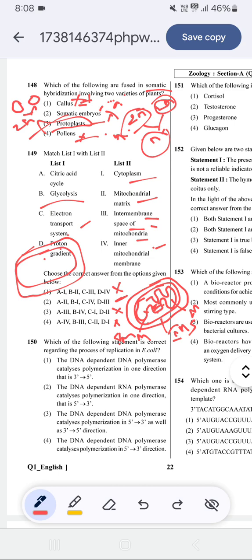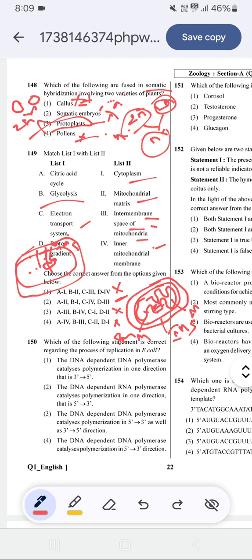Outer membrane, inner membrane. On this inner membrane, there will be electron transport system. From the matrix, first protons will move to the intermembrane space through inner membrane, which is permeable for protons, right?